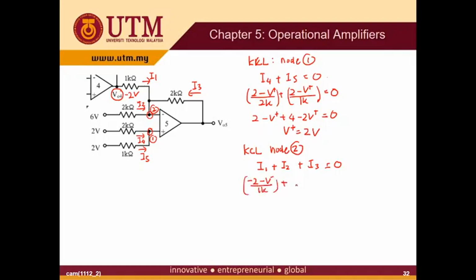And then I2 is 6 minus V minus over 2k. And I3 is V out 5 minus V minus over 2k. Okay, so this is equal to 0. So V minus is equal to V plus is equal to 2 volt.